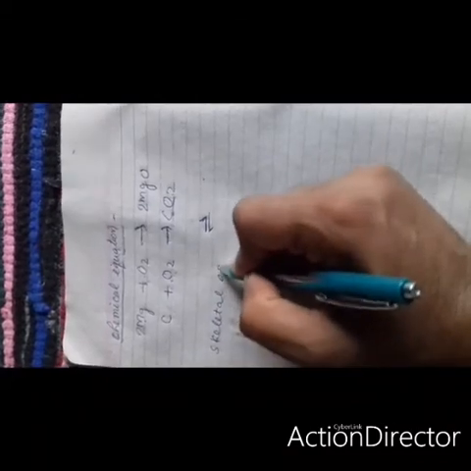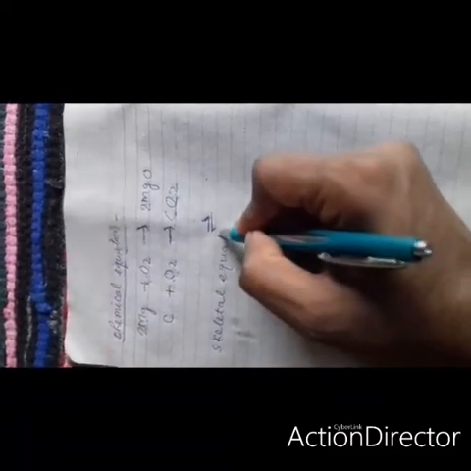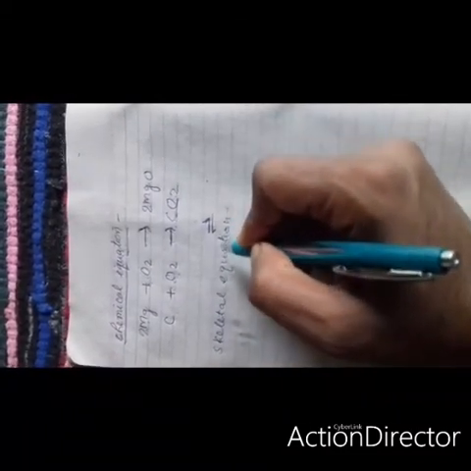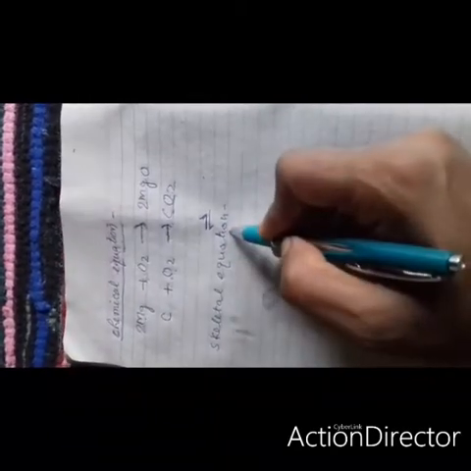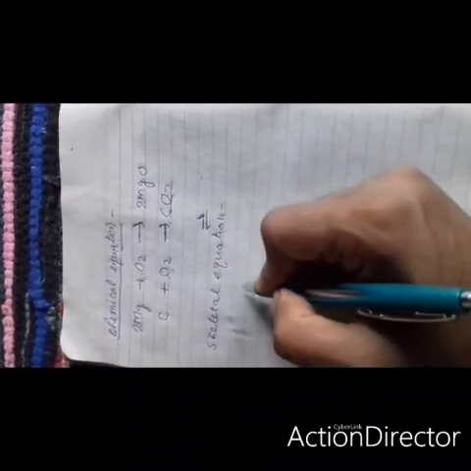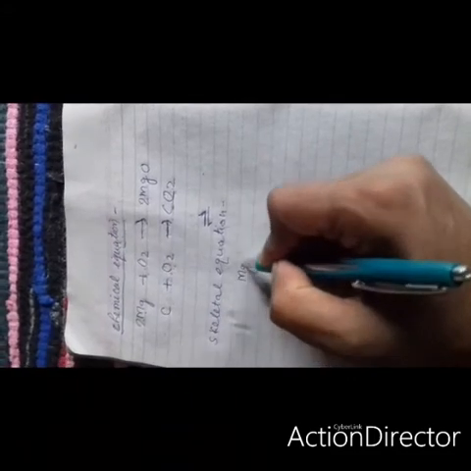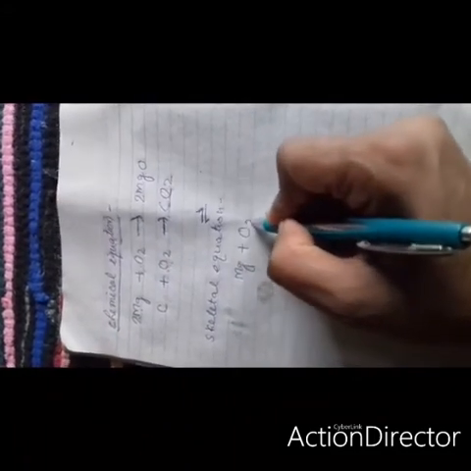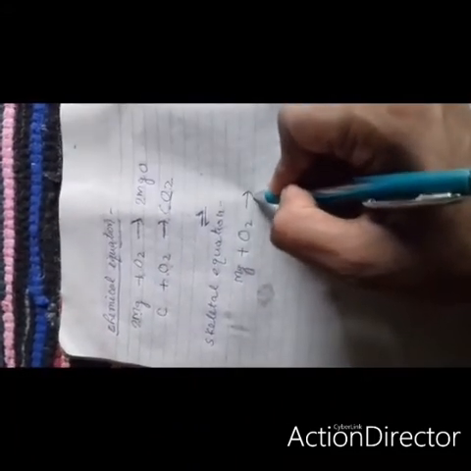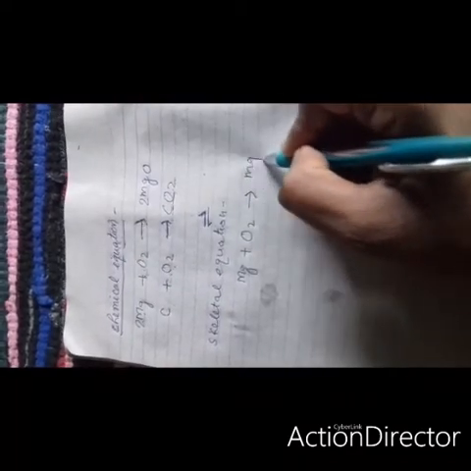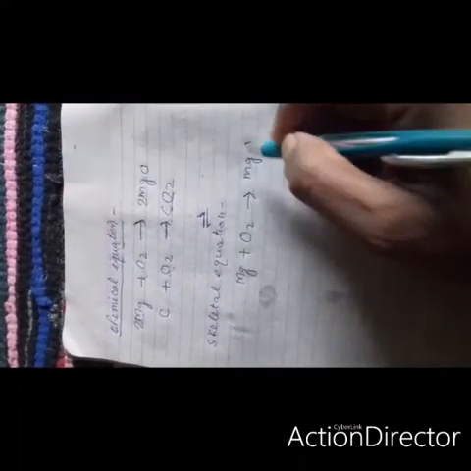Next word is skeletal. There are two types of chemical equation: skeletal equation and balanced equation. For example, magnesium reacts with oxygen to form magnesium oxide.